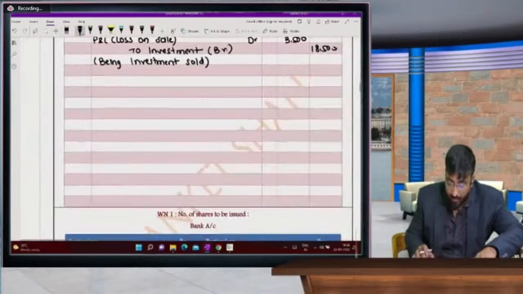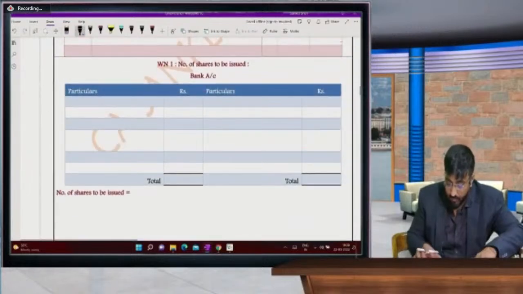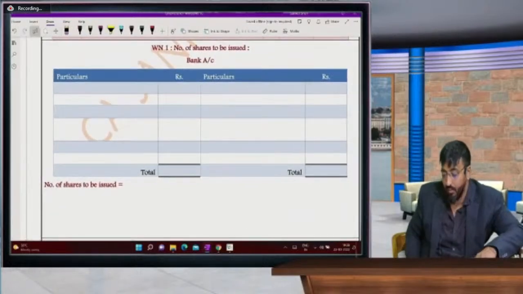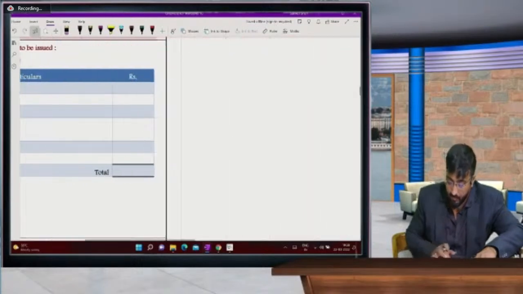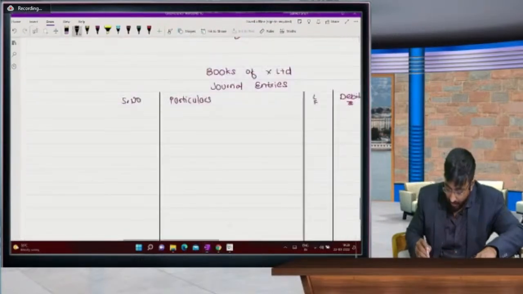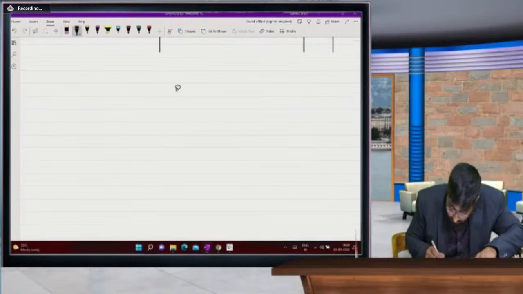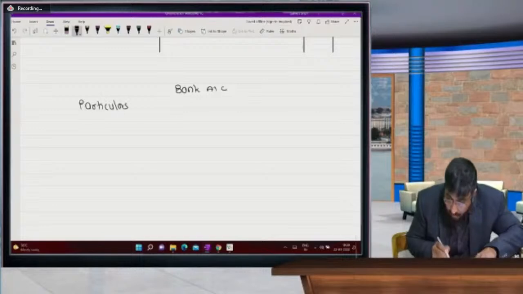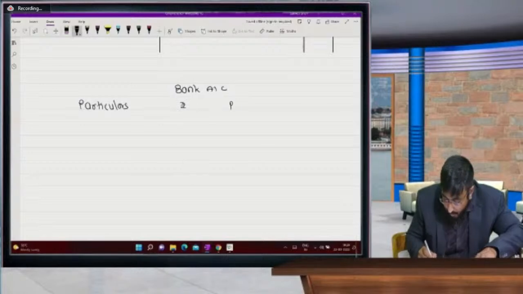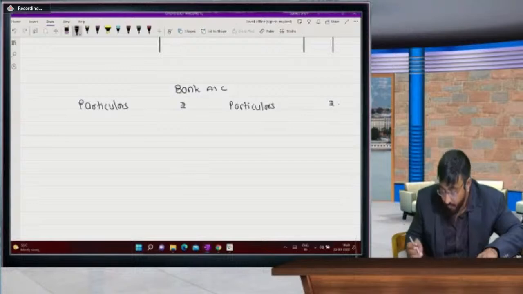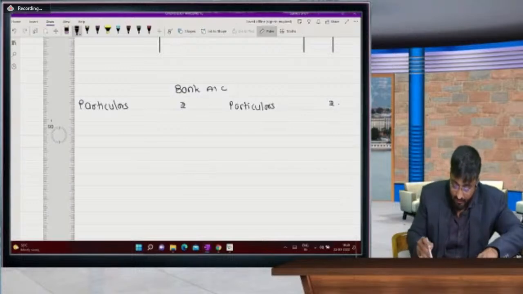Now after one page, write down bank account. Write down bank account after one page. Bank account, 6 lines, particulars rupees, particulars rupees. 6 lines.